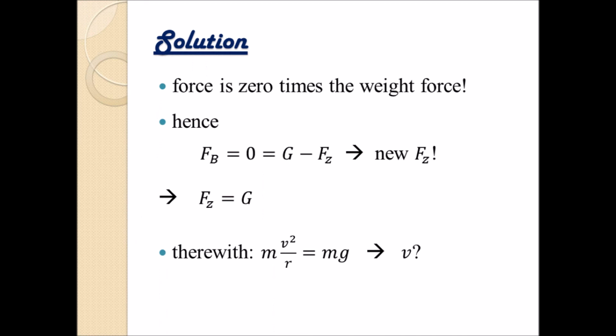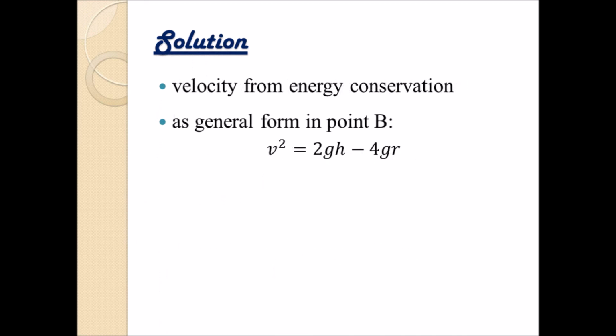And of course, we still have energy conservation, and we can calculate the velocity from energy conservation in, say, the most general form. So we've seen already that the velocity squared in point B equals 2 times gh minus 4 times gr. And now in this particular case, we do not know anything about the relation of height h to radius r.